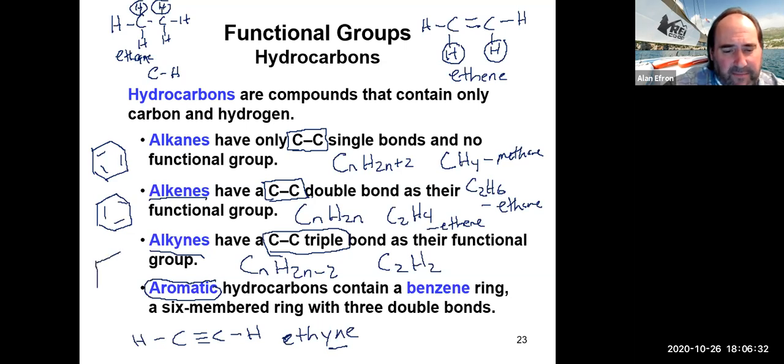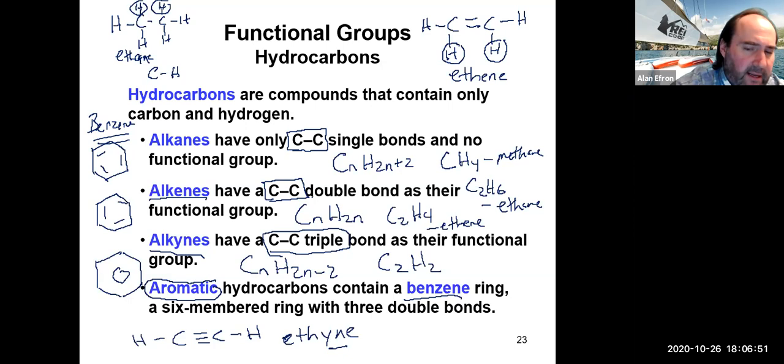Or a lot of times people, because those double bonds can move around, will just draw benzene with this little circle in the middle to indicate it could be any one of these 2 things. That's again a resonance structure. So these are 3 ways that sometimes benzene is drawn here. So if you see something that has that ring attached to it, it is classified as a group of organic molecules known as, like I said, benzene.